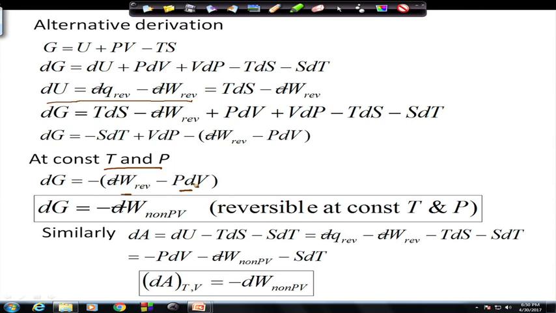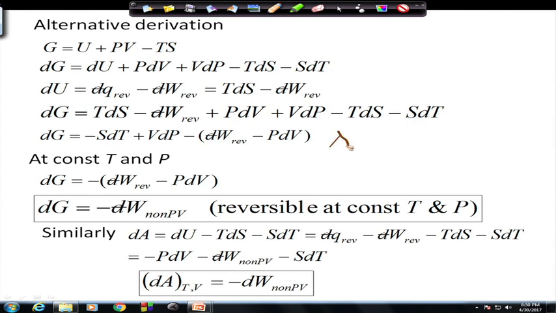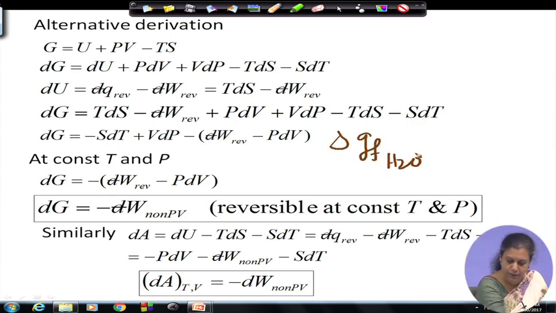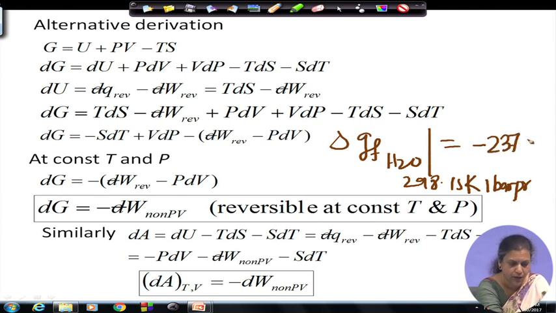So, from here, suppose a statement is given to you, say for example, I state that delta Gf, the Gibbs free energy of formation of water at some particular condition, delta Gf of water at 298.15 Kelvin and 1 bar pressure, is equal to minus 237.1 kilojoules per mole.